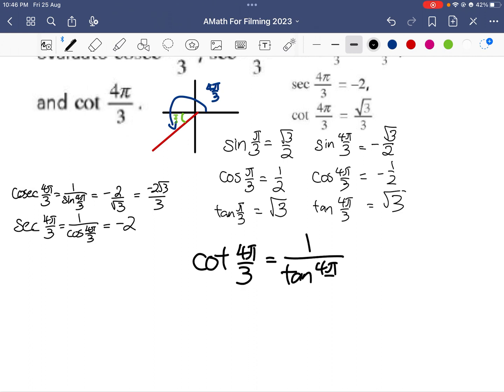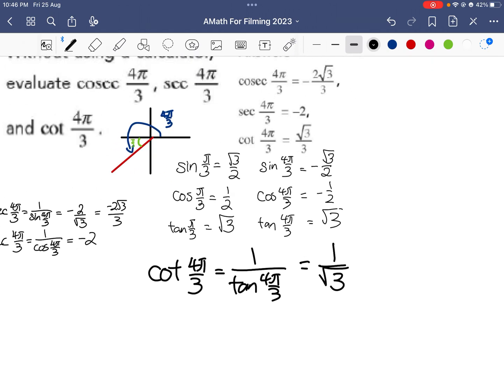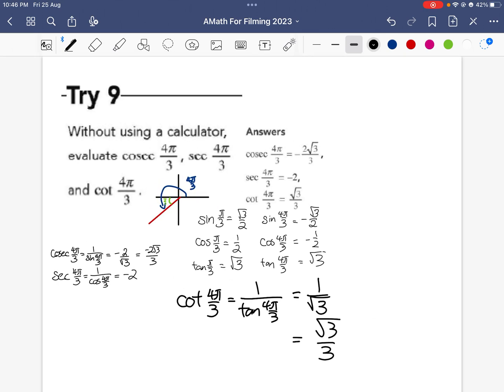So it's 1 over tangent of 4 pi over 3. I take the reciprocal of root 3. What I will get is 1 over root 3. Then if you want to simplify, you just multiply by root 3 over root 3. So what I'll get is root 3 over 3. And that's it for 10.1.